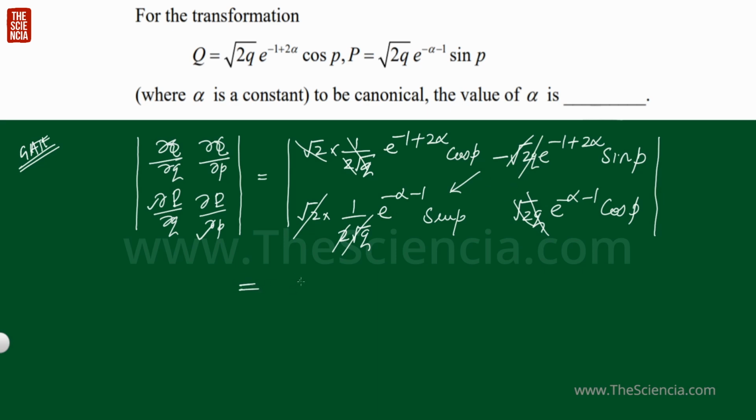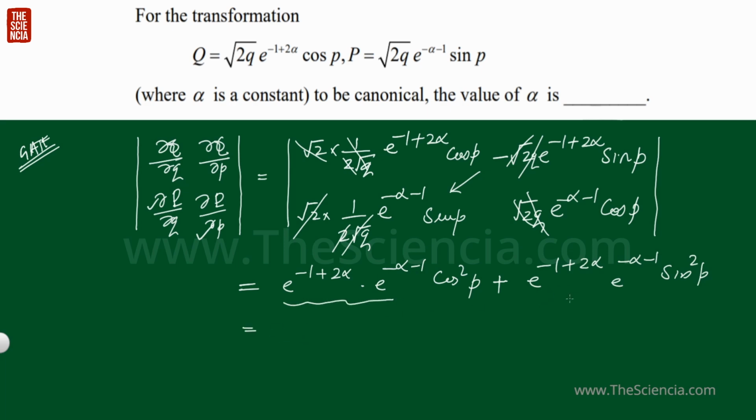We get this is equal to e raised to minus 1 plus 2 alpha into e raised to minus alpha minus 1 cos square p minus into minus, that is plus e raised to minus 1 plus 2 alpha e raised to minus alpha minus 1 sin square p. So this is a common term, right? So we get e raised to minus 1 plus 2 alpha minus 1 equal to 1. Then only it will be canonical, right?